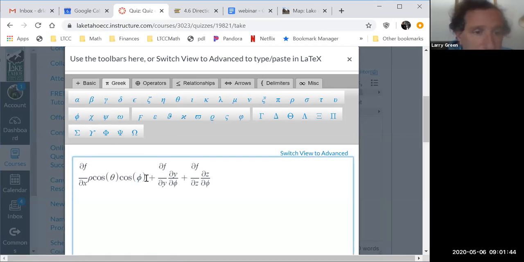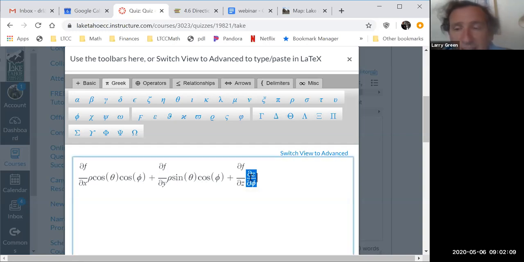And then for del y del phi, y was rho sine theta sine phi, so it'll be exactly the same except there'll be a sine of theta instead of a cosine theta. So I can just copy and paste it and turn the cosine into a sine. And then similarly, z is rho times the cosine of phi, so the derivative of that will be negative rho sine phi, because the derivative of cosine is negative sine.